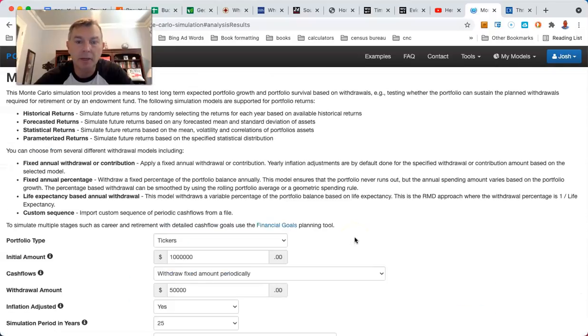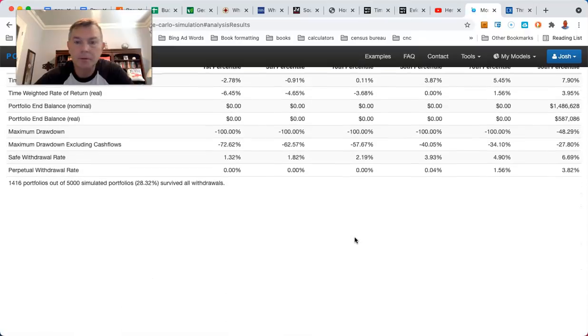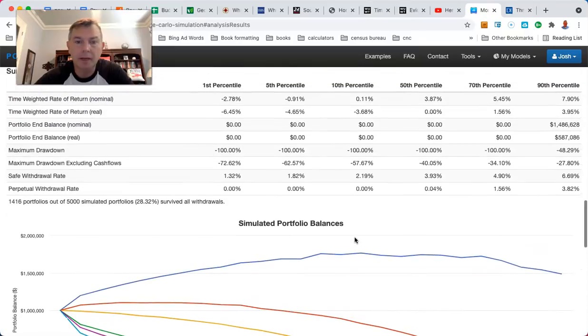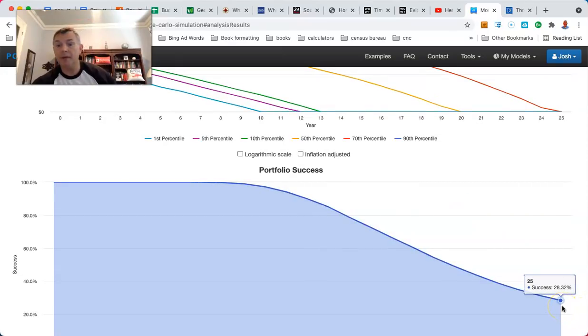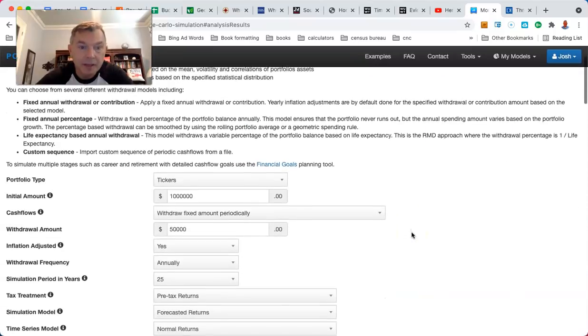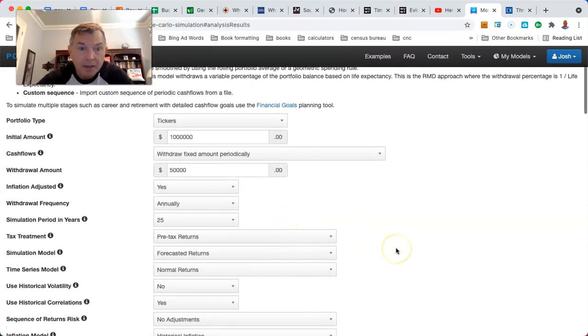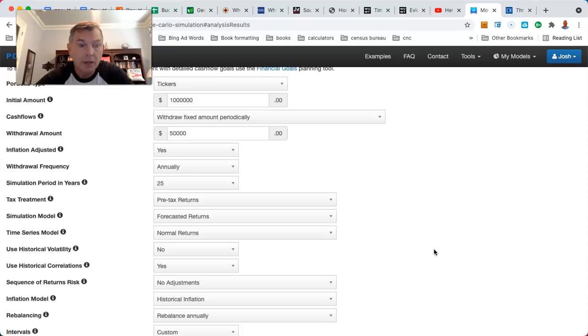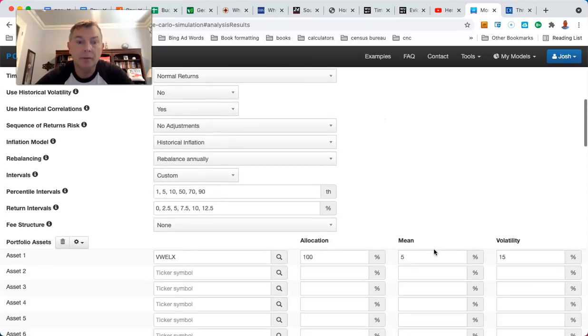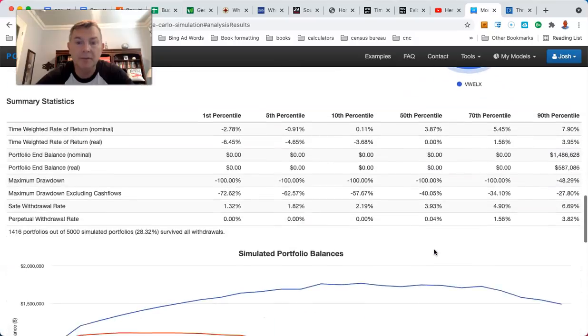And let's see what we're looking at here. Let's see what we got. So here you have a 28 percent success if we get that with a 5% return adjusted for inflation and only a 25-year time frame. But even with that, check this out.